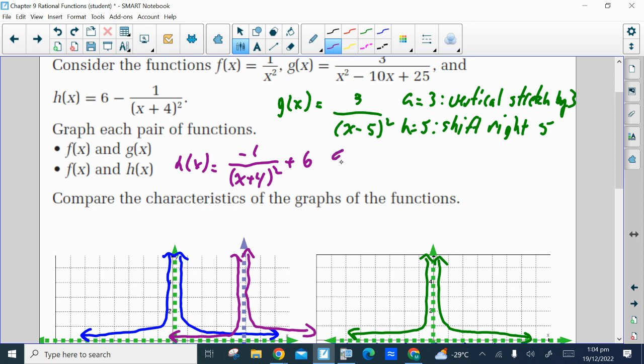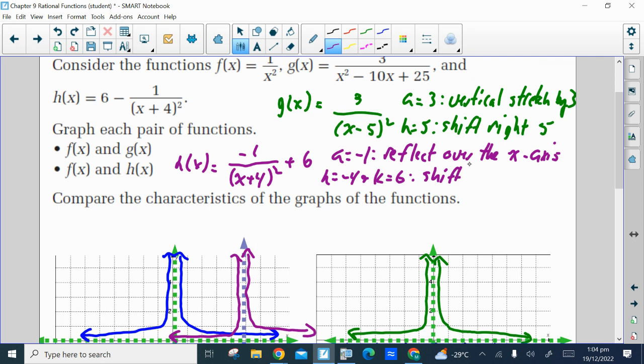So in this case again, a is negative 1, which means it's going to reflect over the x-axis. And then we have h equaling negative 4 and k equaling positive 6. So the graph will shift 4 left and 6 up.